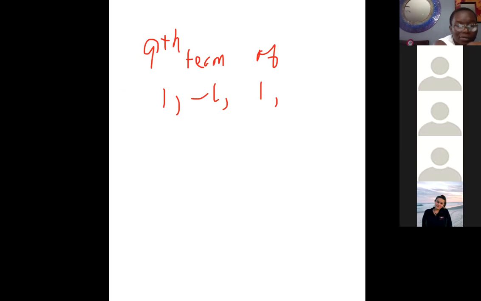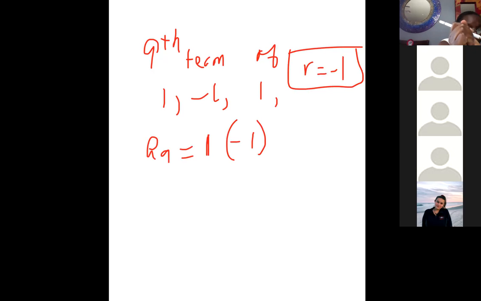Oh, you guys do it. What's the answer? Okay, Gabby says 1. Laura says -1. So let's go into the formula. The 9th term will equal the first term, which is 1, times the common ratio of -1. The common ratio, by the way, is -1, what you're multiplying each term by to get the next one.